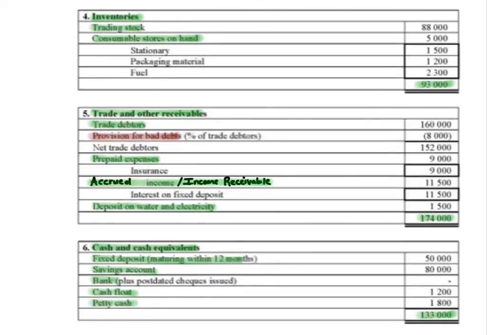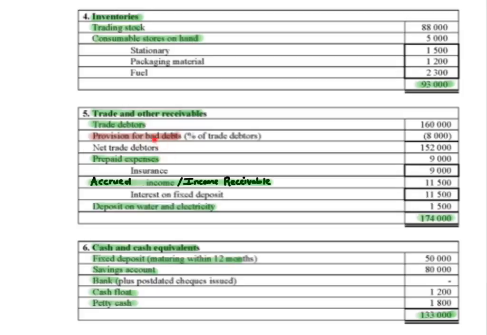So my first note, inventory, is very easy. What is inventory in my business? That's only trading stock and consumable stores on hand. Then trade and other receivables. What is that? That's all the people that owe me money. So that's my debtors, but minus the provision for bad debts.